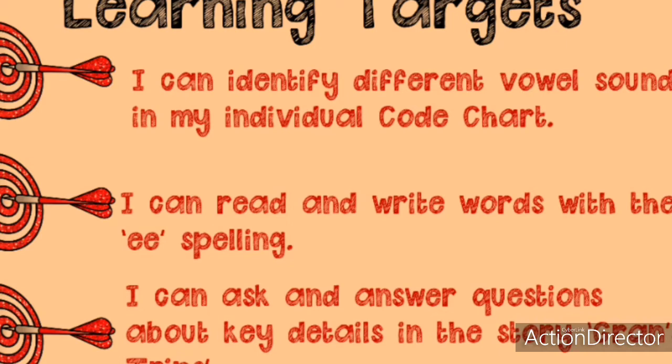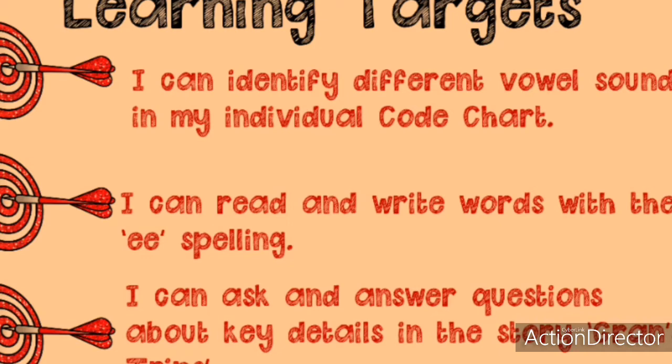I can read and write words with the E spelling. I can ask and answer questions about key details in the story, Gran's trips. I hope this should also be your target for today's lesson.